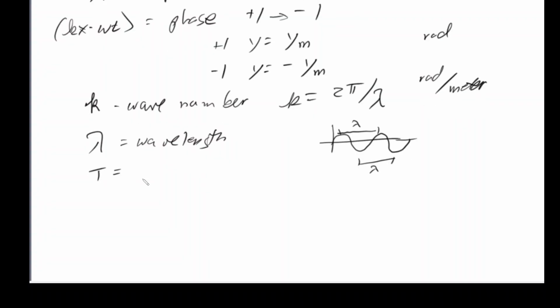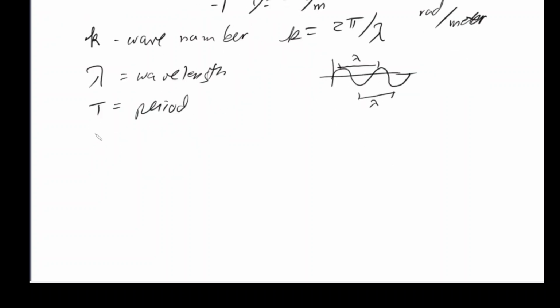We again have our period, T, which is the time for the wave to make one full oscillation. We have omega, which is the angular frequency. And omega is equal to 2 pi over T, the period, which is equal to 2 pi f.